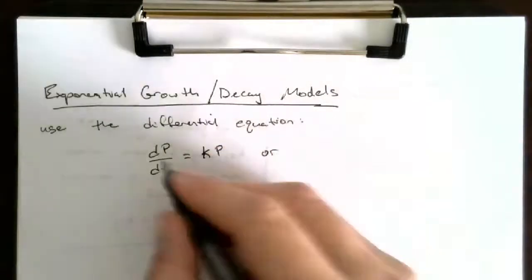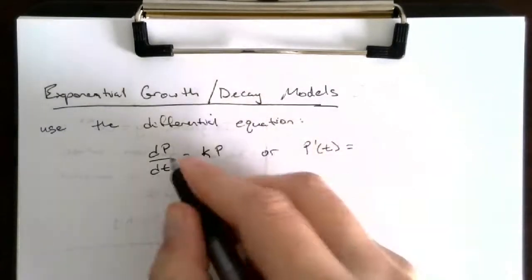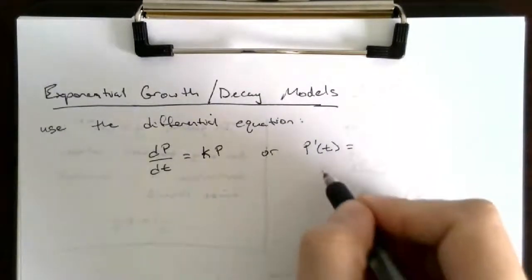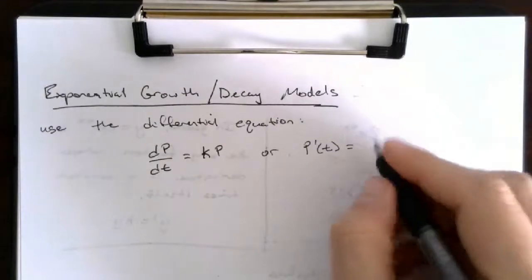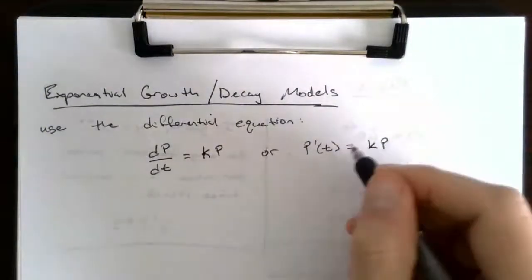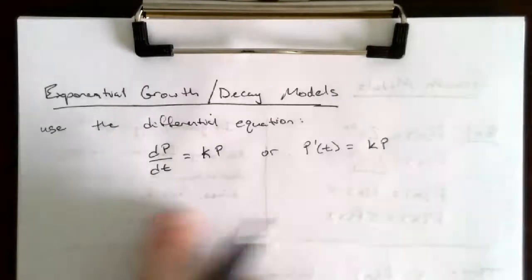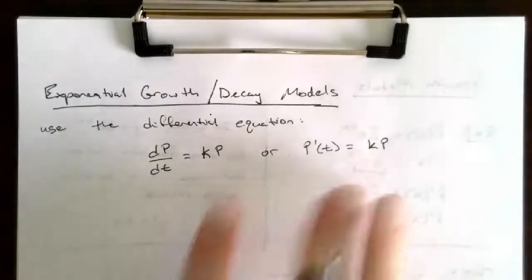Or another way of saying that same thing is p prime of t, that's what derivative of p with respect to t means. It means p prime of t equals k times p. So one is in the Leibniz notation and the other is in our more traditional notation. So exponential growth and decay models use this differential equation here.